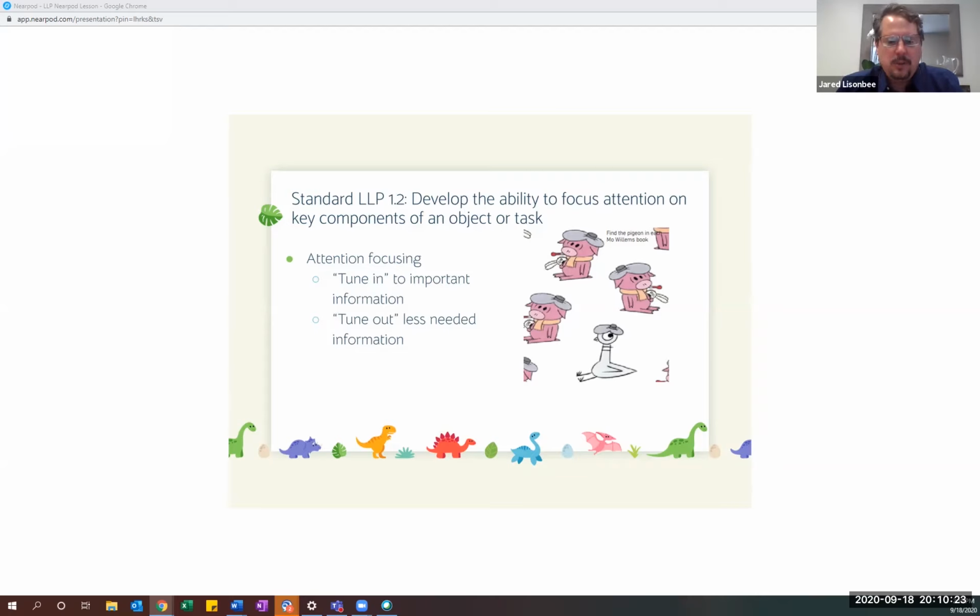And the child had to tune out the color and move the card, the virtual card, to the category of the animal. This is a clear example of tuning in to important information, what's the shape, while tuning out less needed information for that task, the color.